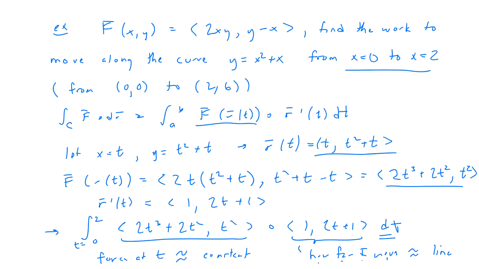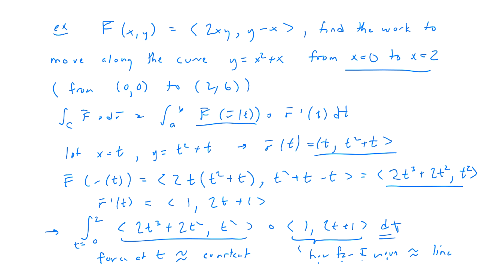So the usual integral idea is I break up the path into lots of little pieces, find the force at a point, and multiply by how far I move. Over that short distance, I can assume the force is constant and the direction I move is a line. Then I take the dot product to get the work of that little tiny piece, and add it up over all the little pieces.